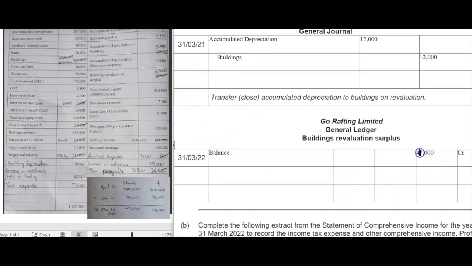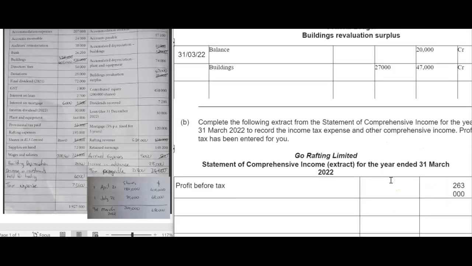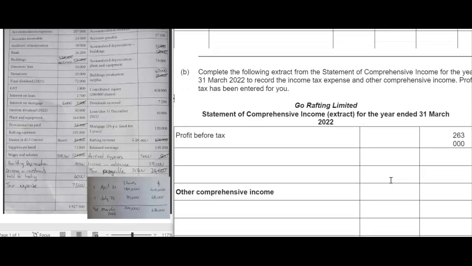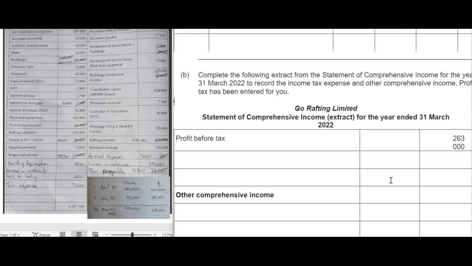Oh, we did that wrong. That starts off at 20,000. I did it wrong, my apologies. It's going to end up with 47,000. And the debit for that was buildings. And remember, we put 27,000 onto the buildings. Therefore, we add it to the building revaluation surplus. Happy? Good.